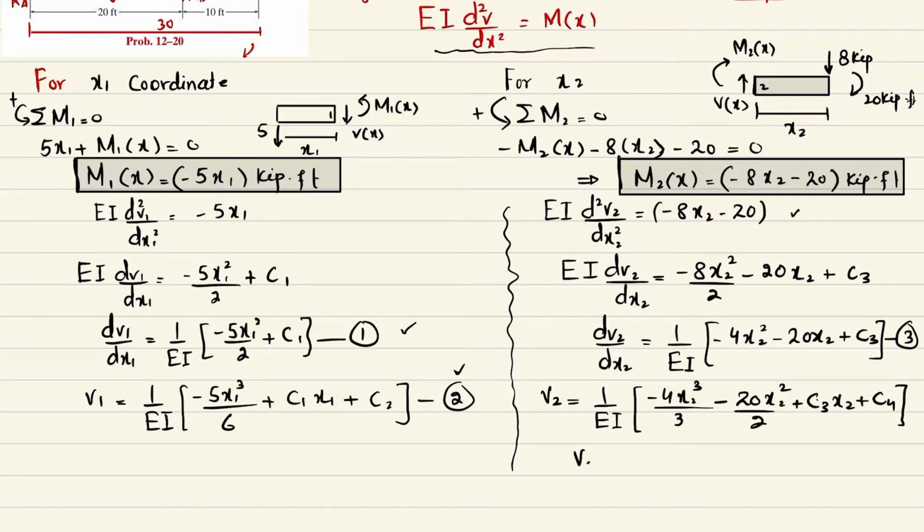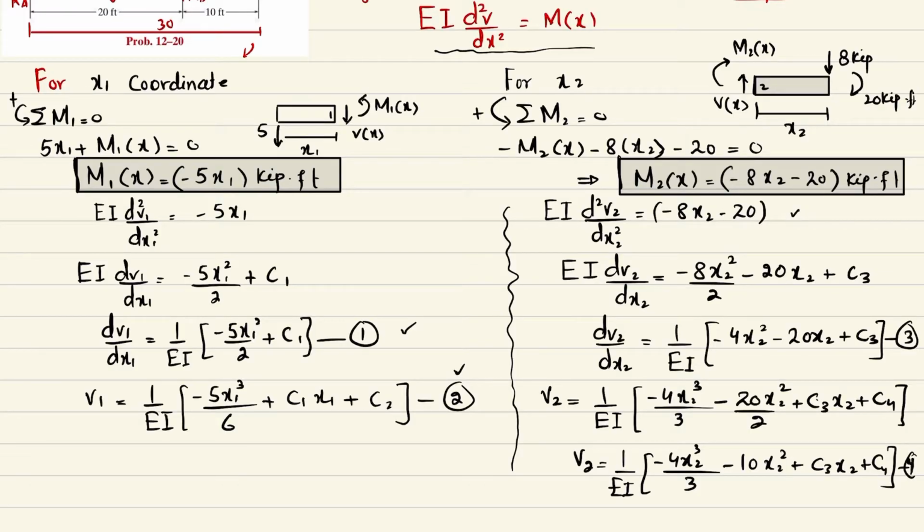If you further simplify it, you get v2 = (1/EI)(-4x2³/3 - 10x2² + c3 x2 + c4). Let this be equation number 4.